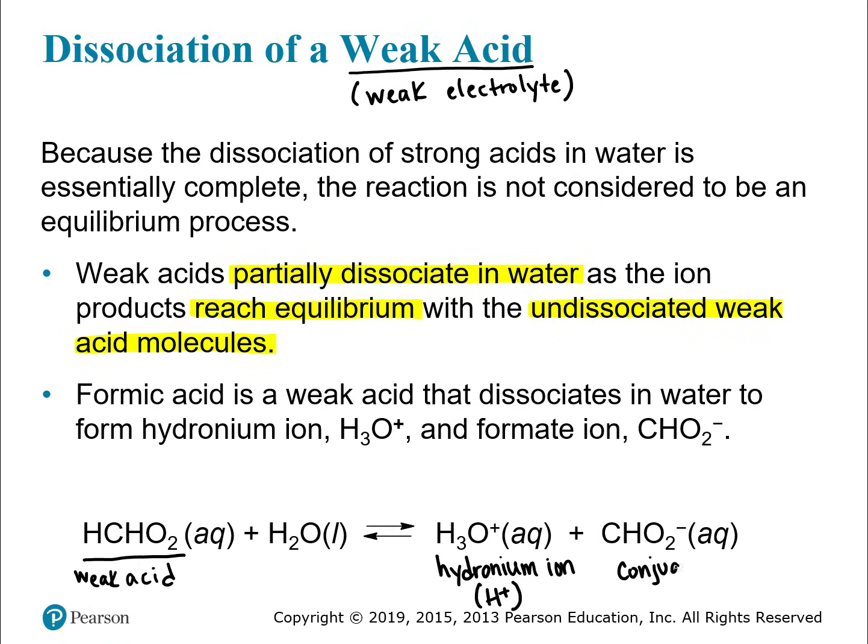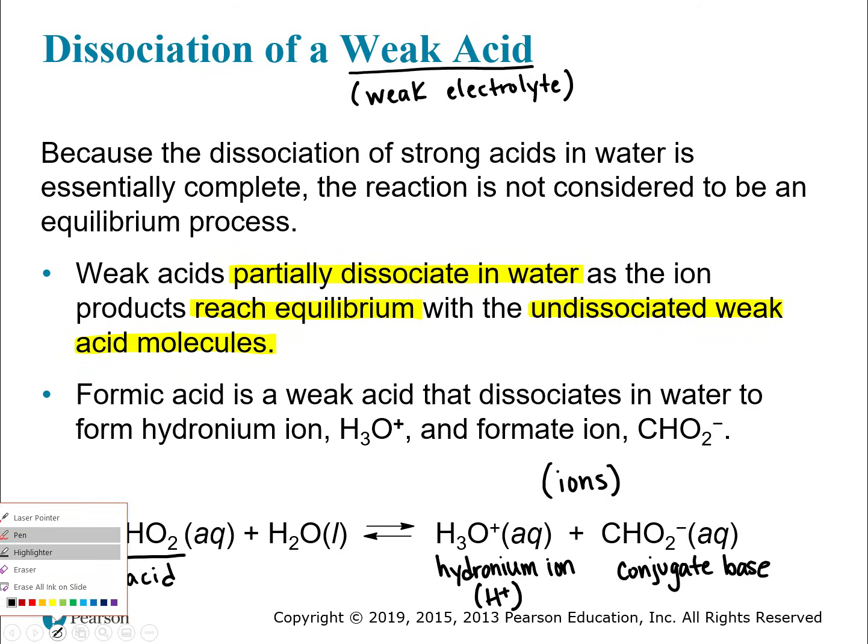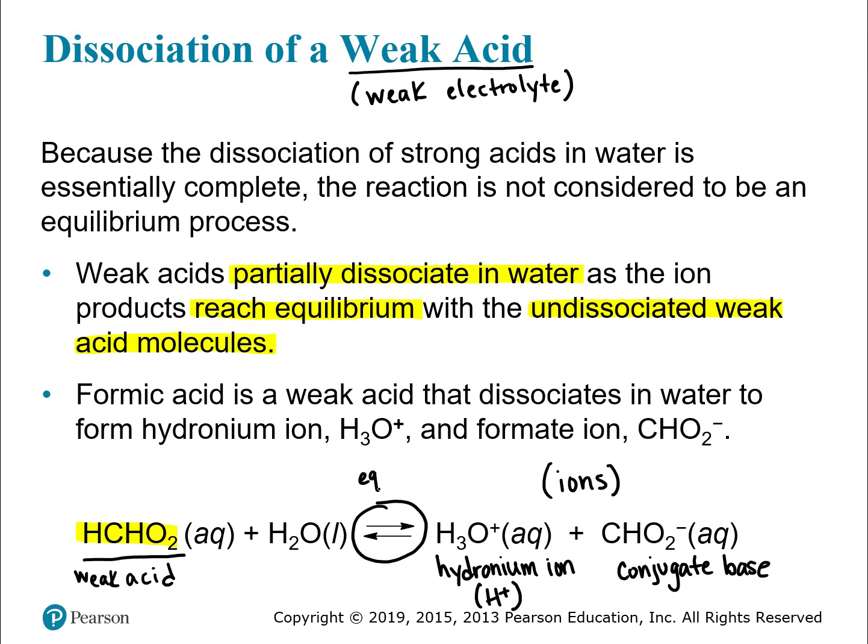And we're going to cover what that means a little bit later on. But these are the ions that are formed. The undissociated weak acid is here. And the ions that it forms are on the product side. And there's an equilibrium which is shown with these two arrows.